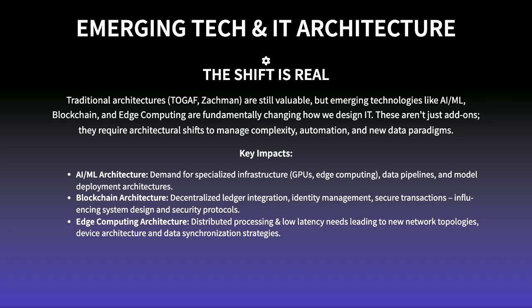It needs powerful hardware, sophisticated data pipelines to feed the models, and then ways to actually deploy those models efficiently. Blockchain changes how we think about security and trust, requiring different approaches to identity management and transaction processing. And with edge computing, we're seeing a move away from centralized systems and towards distributed processing, which means rethinking our network designs and device architectures.